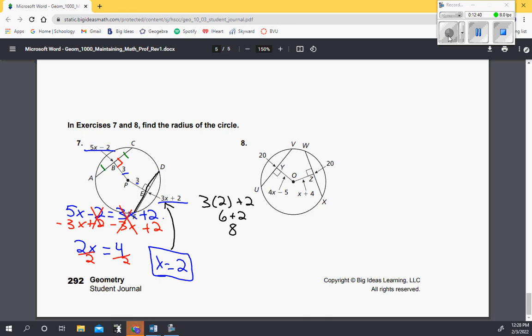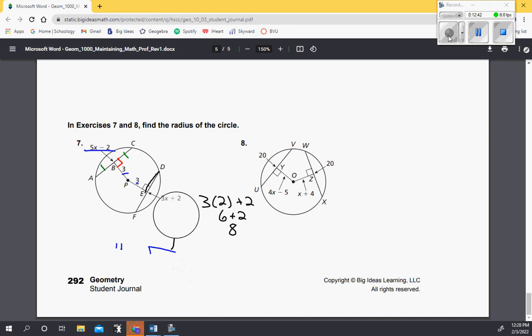Now I'm going to erase this and make some room here for another drawing. If we know FD is 8, and PE is a bisector, we know that this half is 4, and this half is 4.